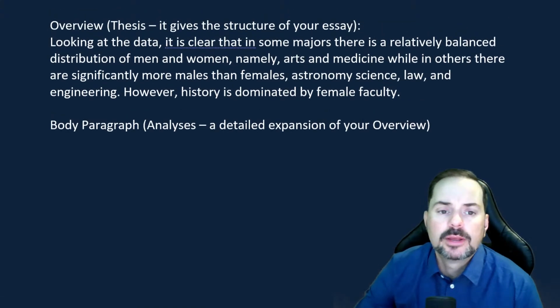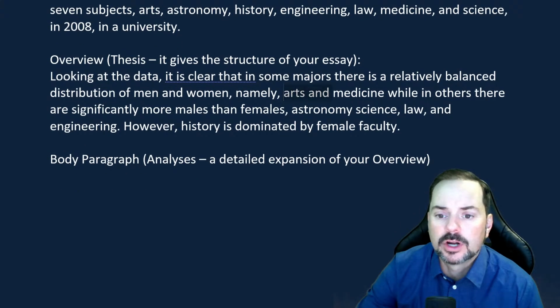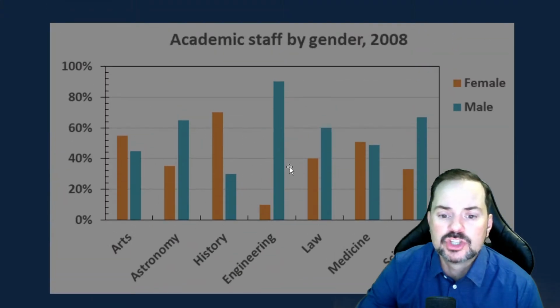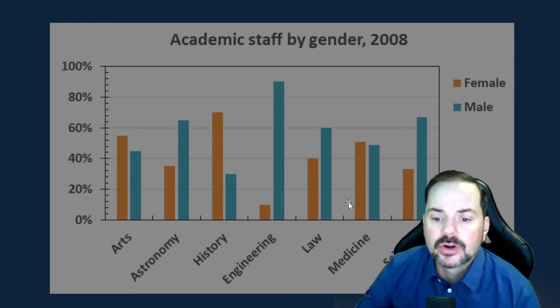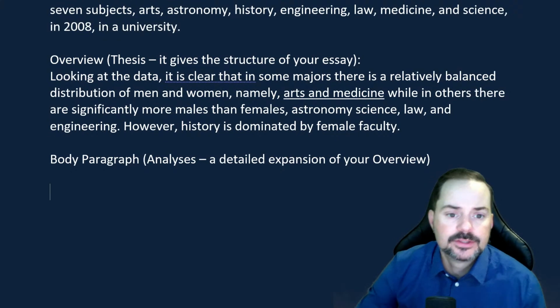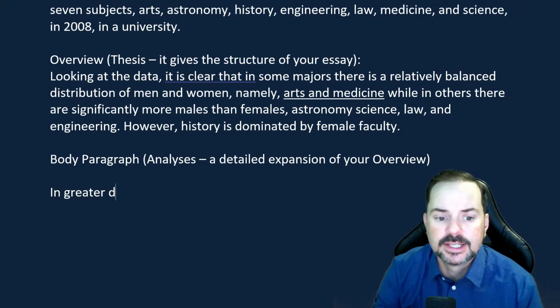So let me show you what I mean. Basically, if I say that there's a relatively balanced distribution of men and women, namely arts and medicine, then that's going to be my point one. Instead of writing about engineering being the most and least, I'm going to write about arts and medicine. Okay? So here, I can write in more detail, or in greater detail.